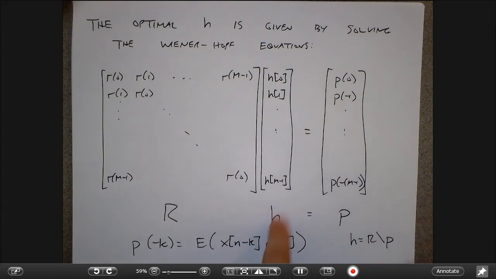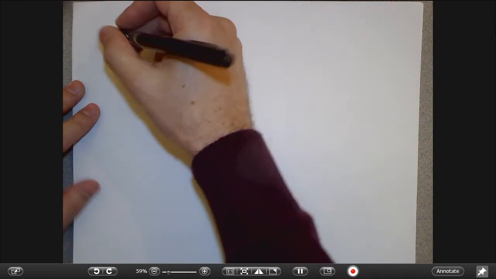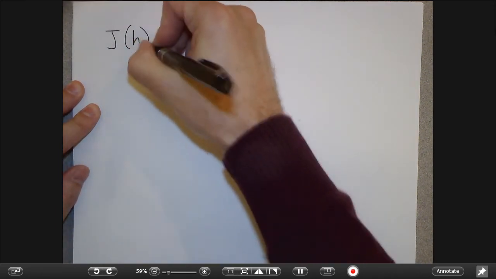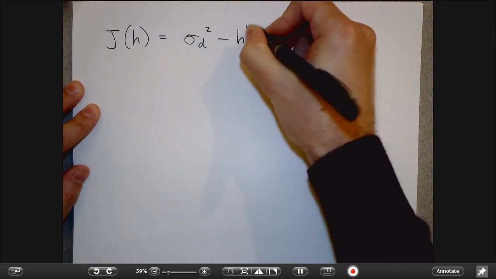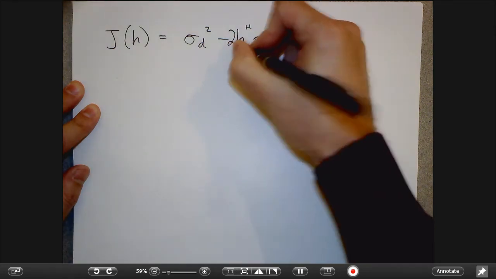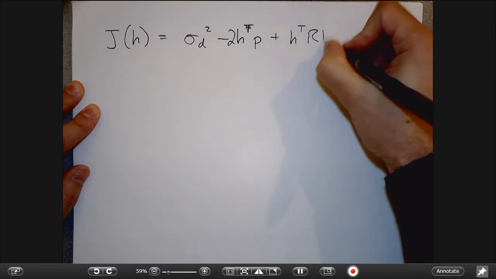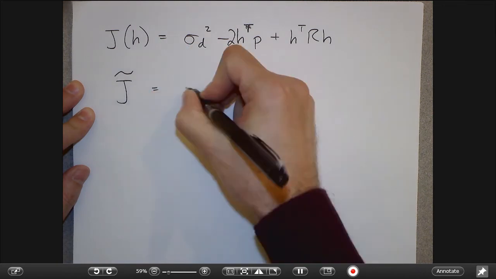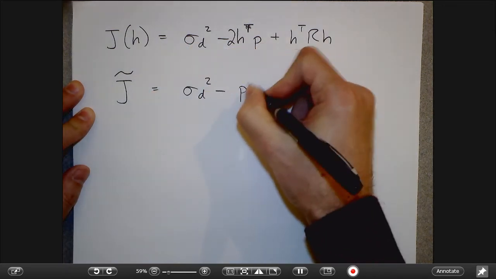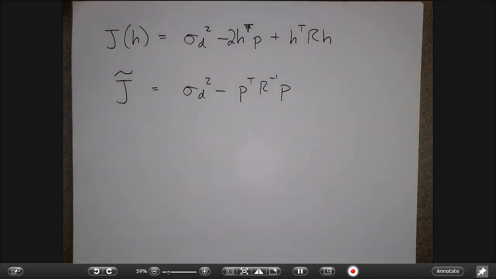If we solve this equation and plug it back into our expression for the error, we could find that the cost for any candidate h was related to the R's and the P's like this, and that the best J, which I'm going to call J tilde, was the best we could do. And all that is good.